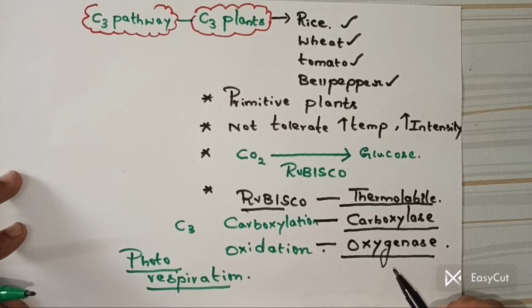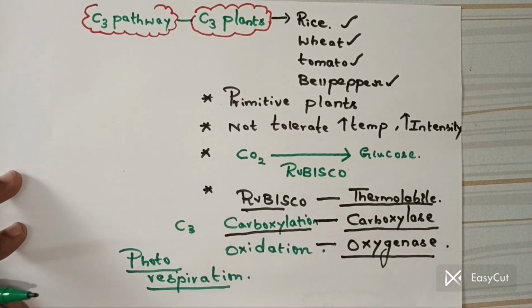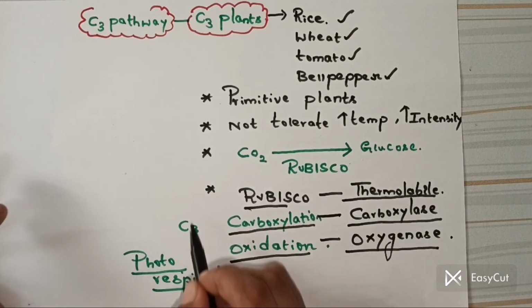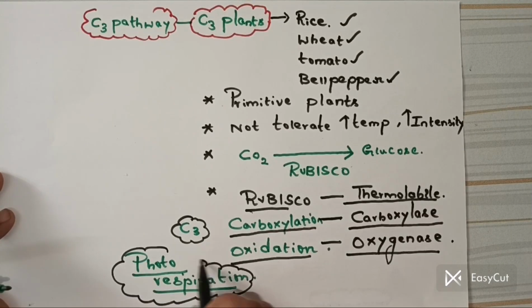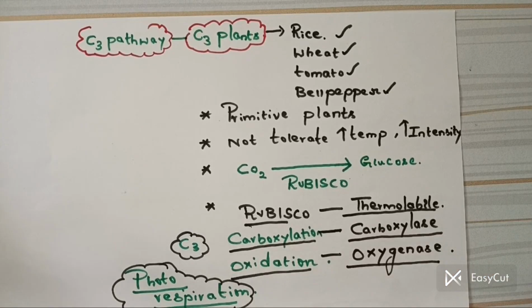When it acts like a carboxylase, it is involved in carboxylation. When it acts like an oxygenase, it is involved in oxidation. The carboxylation is the C3 pathway. The oxidation, which occurs when the C3 pathway fails, is nothing but photorespiration.